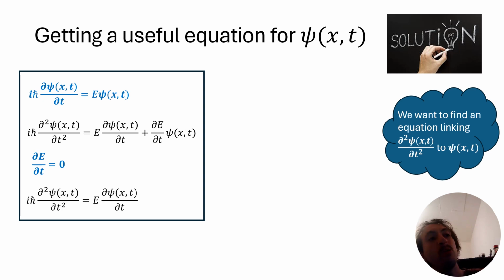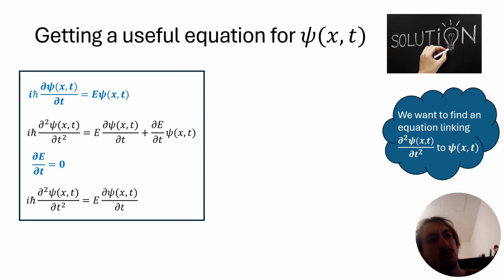Now, the bottom equation here in black almost has the opposite problem to the top equation in blue. In the bottom equation in black, we have a second order partial derivative with respect to time, which we want, but it's related to a first order partial derivative in time, and we don't want that.